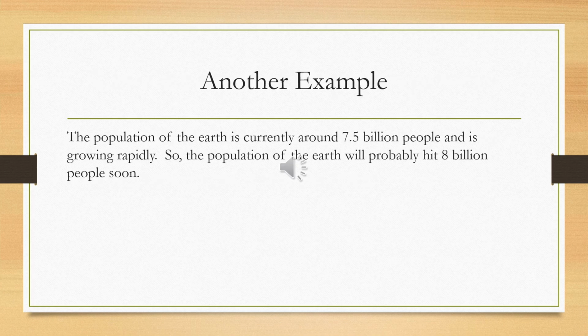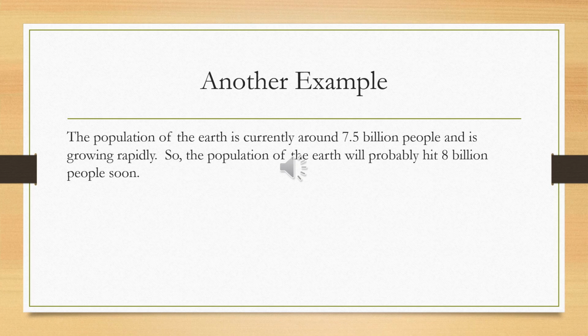So here's another argument. The population of the Earth is currently around 7.5 billion people and is growing rapidly. So the population of the Earth will probably hit 8 billion people soon. Okay, so first of all, we assess this argument to see if it's strong or weak. And I think we would agree this is a pretty strong argument.